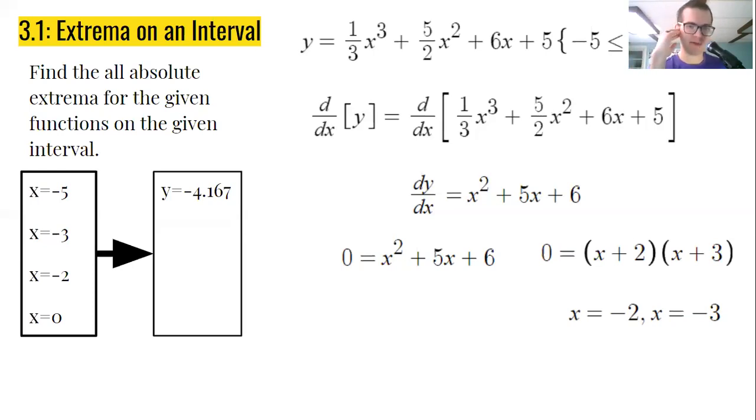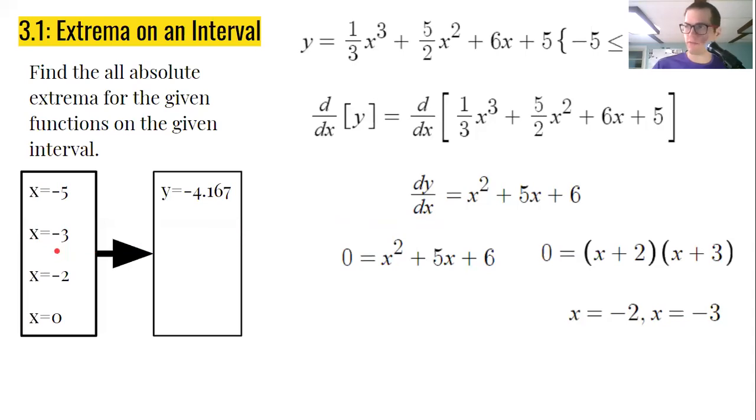A lot of the AP rubric stuff that we'll look at later in this course, when we do even more AP free response practice, and you see the answers, they'll have answers to like 7 or 8 decimal places just to make sure. But you only need 3. And you can round or truncate, meaning if this was -4.1666 repeating, your answer could be either negative 4.167 or negative 4.166. Either one's fine.